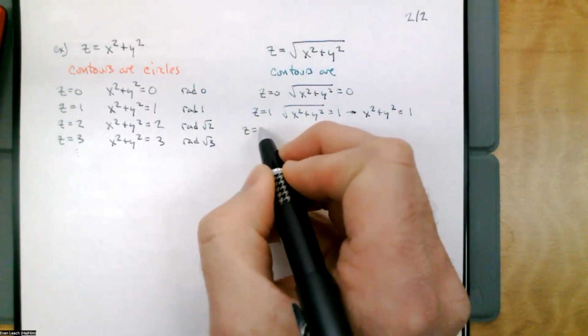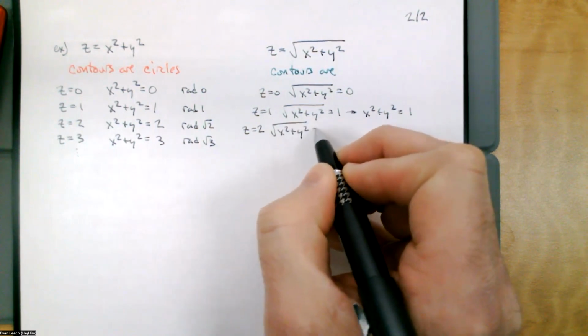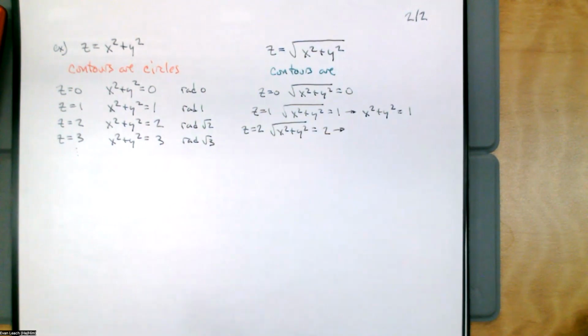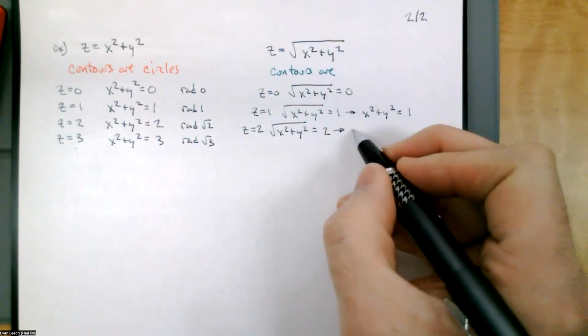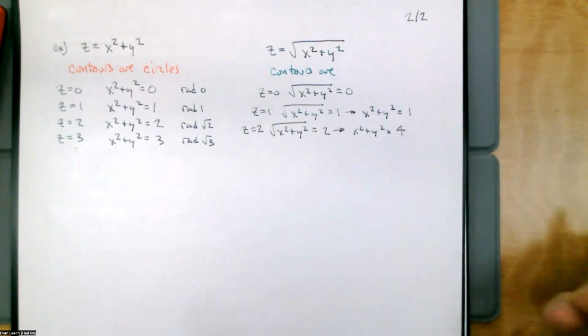What if Z is equal to 2? Then the square root of x squared plus y squared is equal to 2. What equation is that equal to, without the messy stuff? We'll square both sides, and this will give us the equation x squared plus y squared is equal to 4.